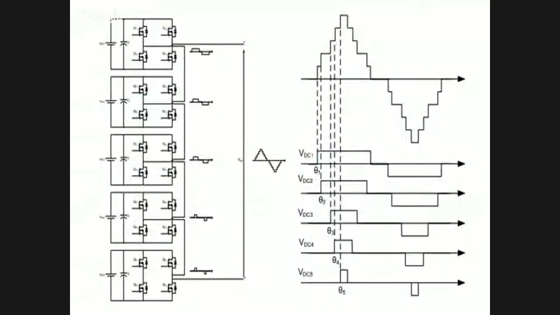We will start with a small example, because going into Simulink will also be difficult in the initial stage. So I'm going to take a small power electronics example itself.